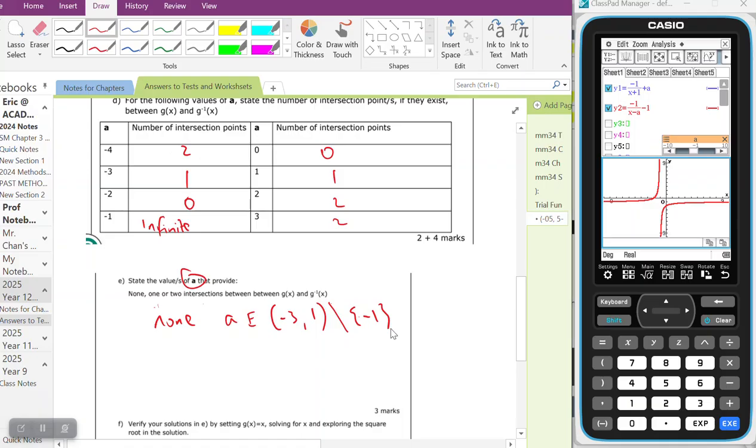When is there one solution? There are only two values that give you one solution: when a equals negative 3 and 1.